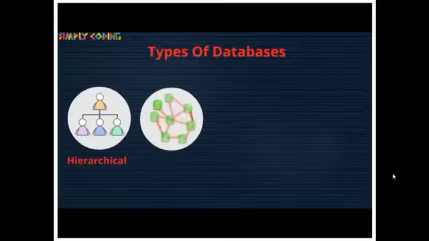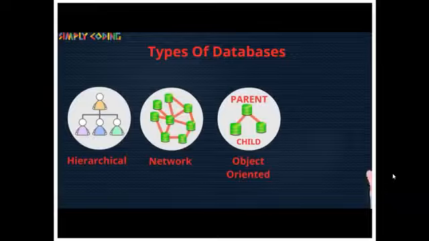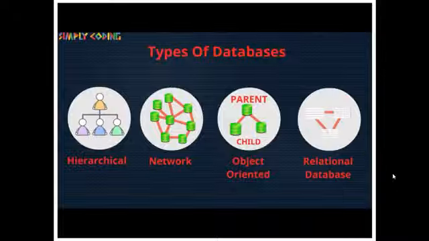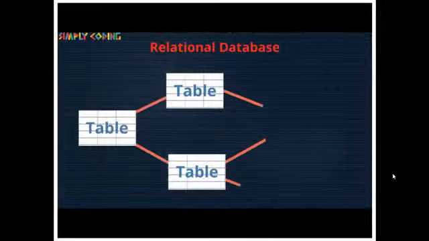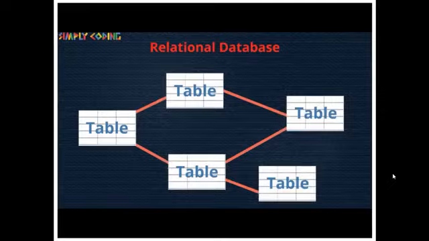There may be some different types of databases. They include hierarchical, network, object-oriented, and relational database. We will cover relational database here. When the data is stored in multiple tables that are linked via common field, then such a database is called relational database.